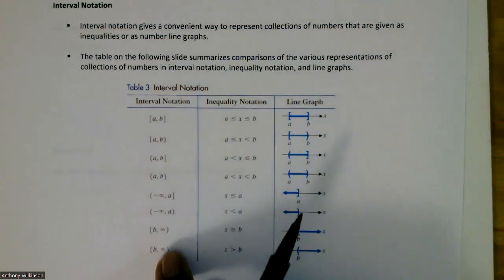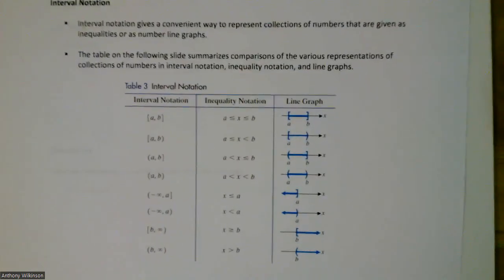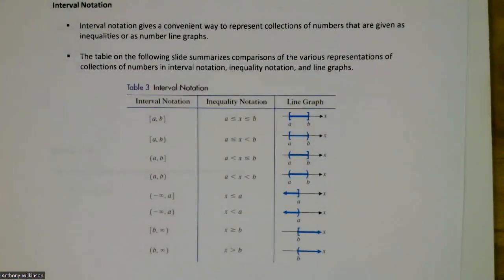If you've had college algebra before, you pretty much should know what interval notation is, so do look over that. I also have a video in the college algebra playlist that talks about interval notation. I'll go over that in detail, so make sure you watch that if necessary.